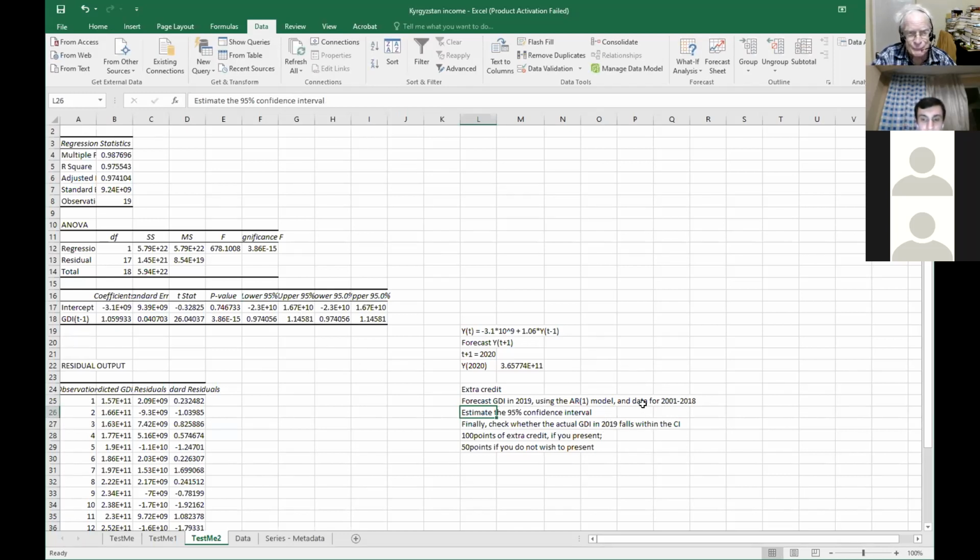Since we have to delete the first year due to using the lag of the dependent variable, we don't have a lag from 2000. So we will take the data from 2000 and throw it out of the model. Okay. Questions about the extra credit exercise?